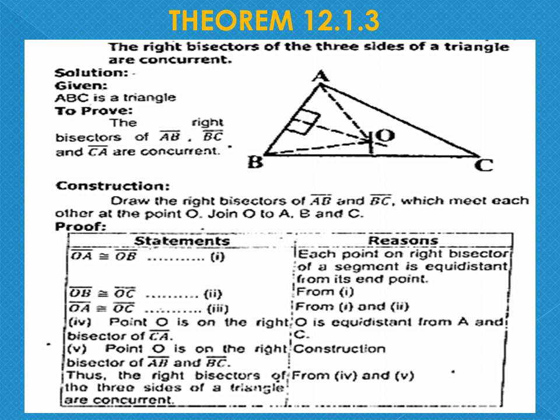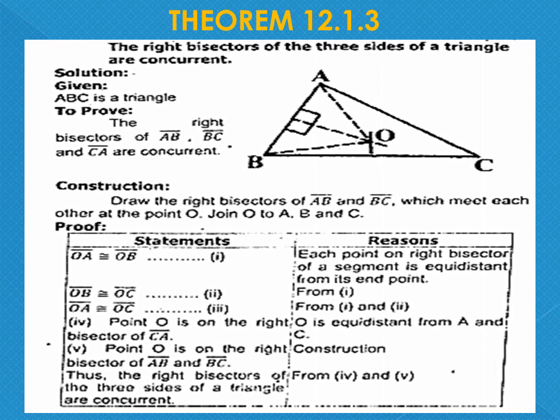So what does it mean? Point O is on the right bisector of CA also. We have drawn in the construction the right bisectors of two sides, AB and BC. So he is saying point O is on the bisector.